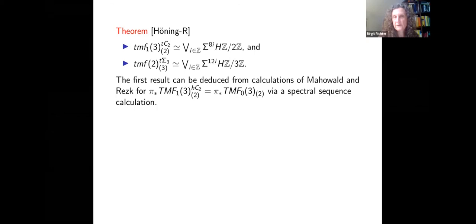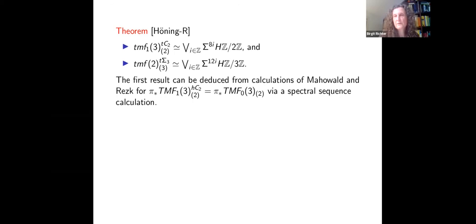There's an old calculation by Mark Mahowald and Charles Rezk. They computed the homotopy groups of the periodic versions, where you have elliptic curves with a chosen point of exact order 3. The homotopy fixed points are related to the Tate construction. You can dive into that spectral sequence, look for the connective part, and then calculate the homotopy groups of the Tate construction from their calculation.